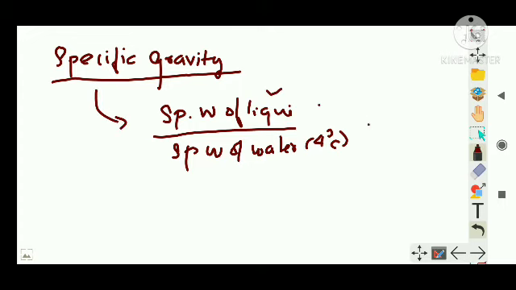This is just like when we talk about relative density. Someone asks you what is the relative density of a liquid. It is the density of that liquid compared with the density of water. Similarly, someone asks you what is specific gravity. It is the specific weight of a liquid by the specific weight of water at 4 degrees Celsius.